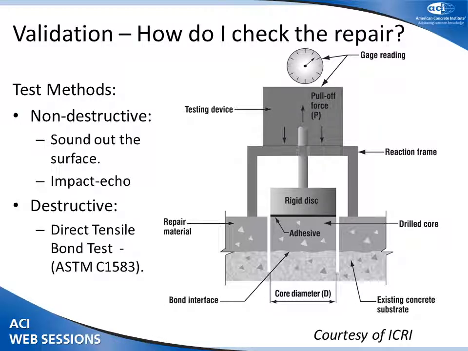Then, of course, destructive testing, using direct tensile pull tests, scoring the material, passing into the substrate, gluing a disc on it, pulling it, and seeing what the mode of failure is and that we've achieved an appropriate strength. So a very simple installation, but consideration still required.